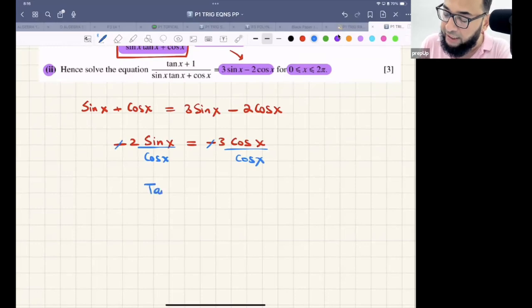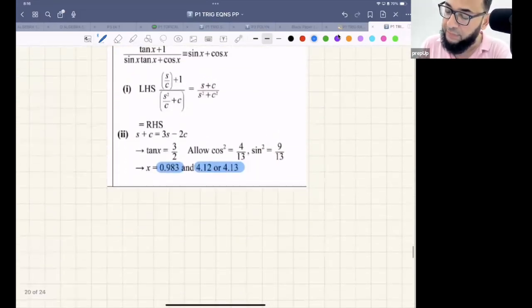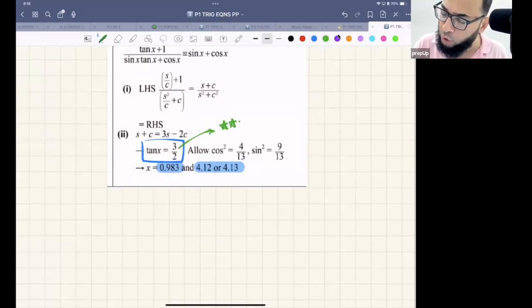Therefore 2 tan x is equal to 3, so tangent x is equal to 3 over 2. From here we will start working. Now these are other ways that they're working it out, but we don't have to. This is all clear, and we will work this out this way.